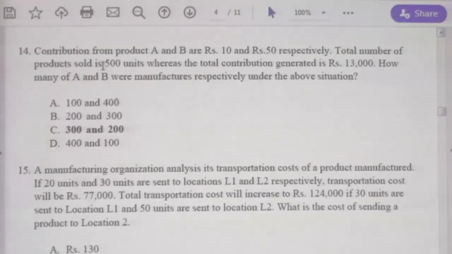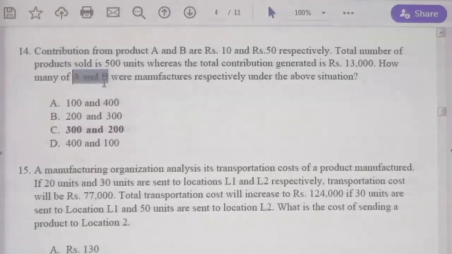That means A plus B equal 500. Why? Total number of products sold 500 means number of A and number of B equal 500. Whereas total contribution 13,000. How many A and B were manufactured, right?